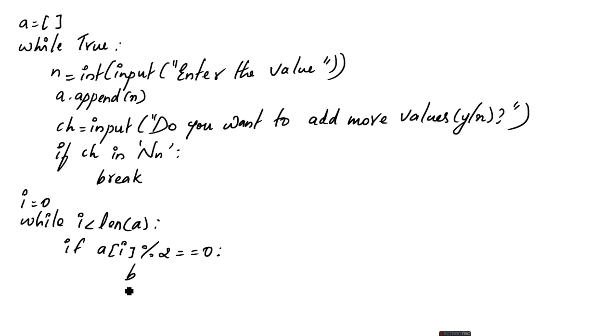Not break the loop, sorry, we have to print A of I. If the condition is true, we have to print. Even if the condition is false also, we have to move to the next value for I. So here we have to write I equal to I plus 1. That means this I equal to I plus 1 is not belonging to this if condition. We have to increment the value of I, then only we can move to the next location. For that we are writing I equal to I plus 1.